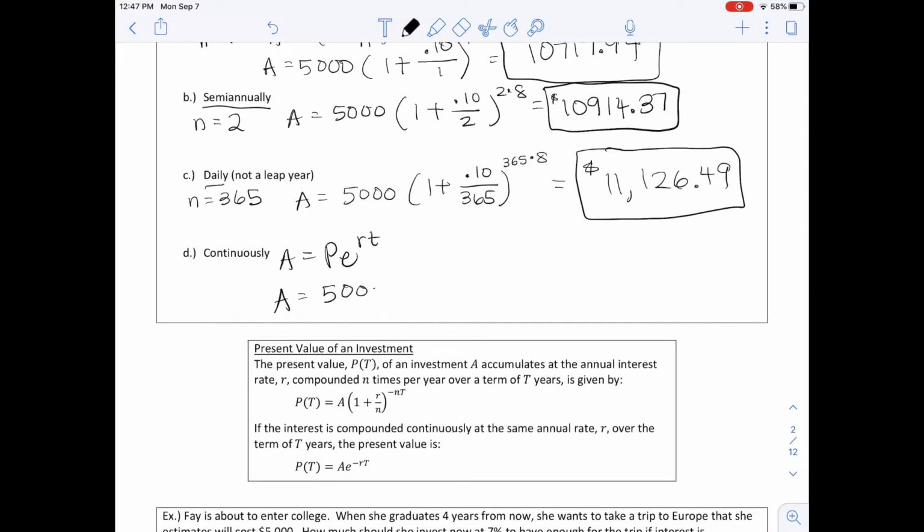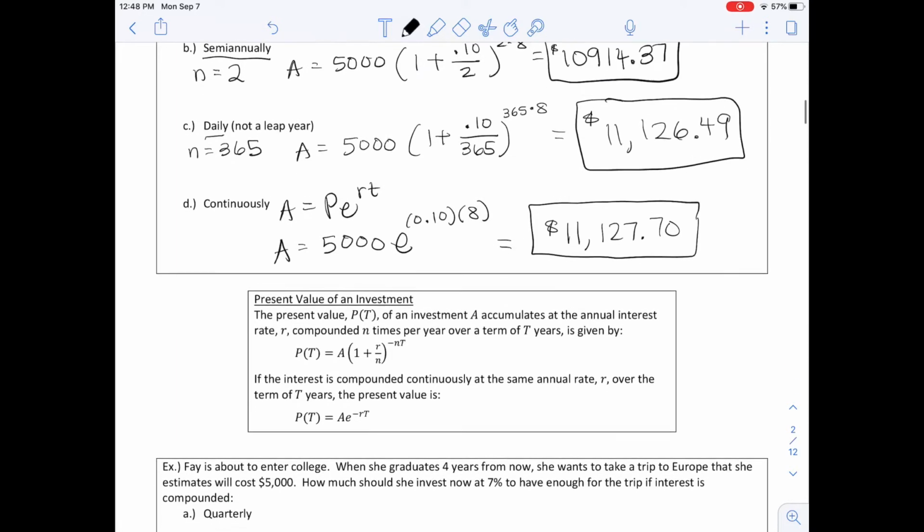If you cannot find it, definitely let me know. So we have 5,000 E to the 0.10 times 8. We end up with $11,127.70. And that is the most amount of money that we have in our account after our 8 years.